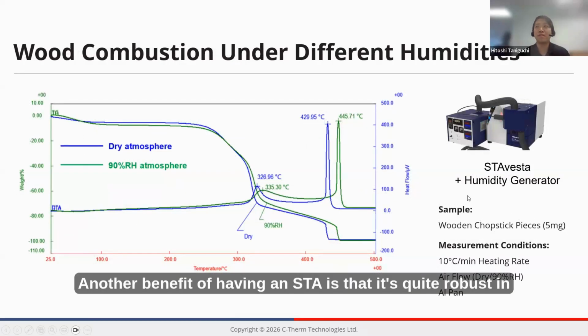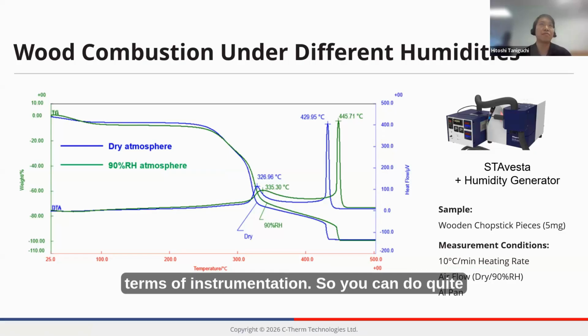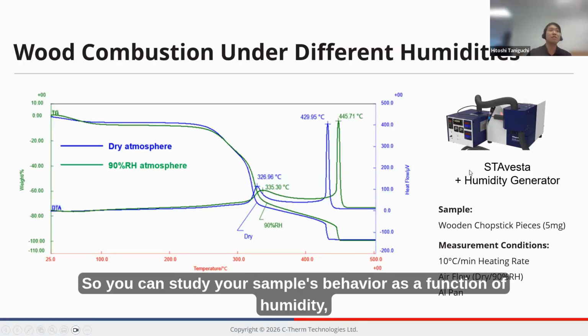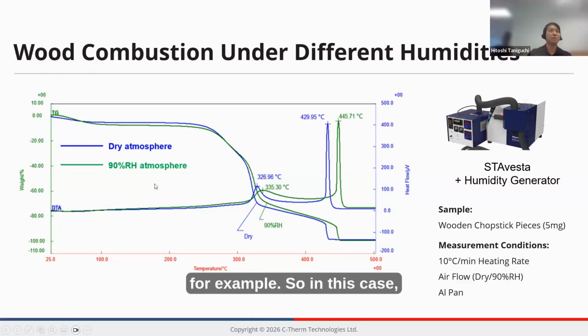Another benefit of having an STA is that it's quite robust in terms of instrumentation. So you can do quite a lot of creative things with your sample. One of the examples is that you can put on a humidity generator with your STA, so you can study your sample's behavior as a function of humidity, for example.